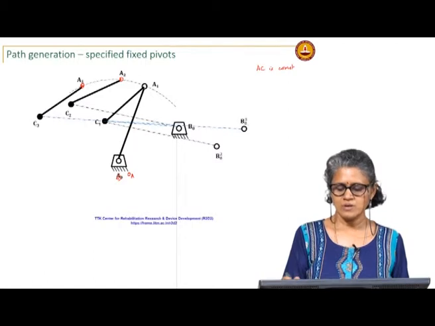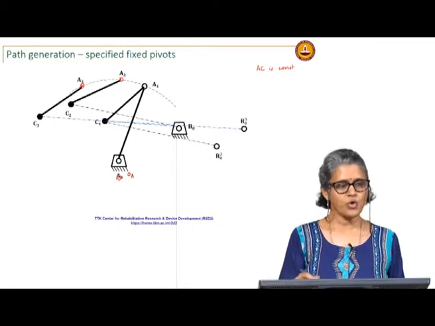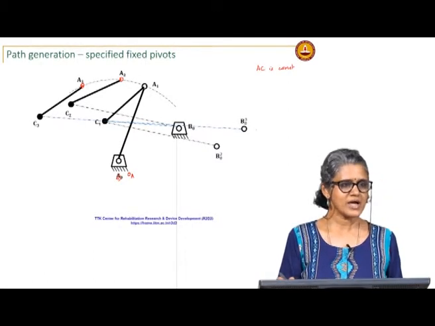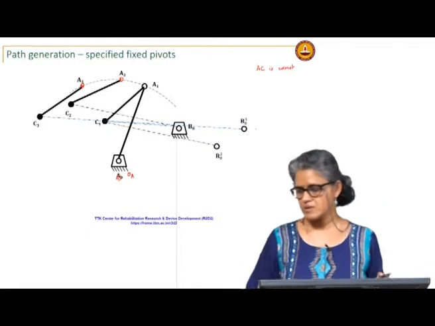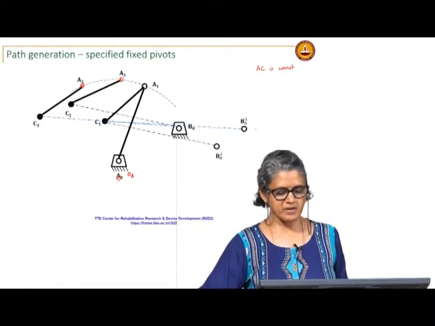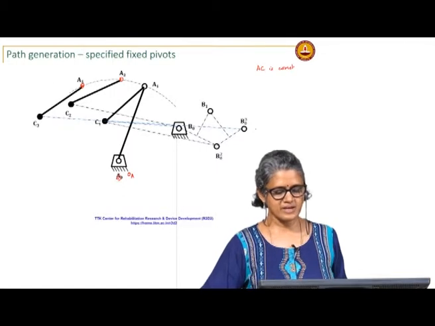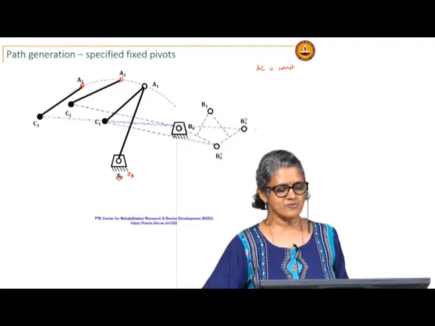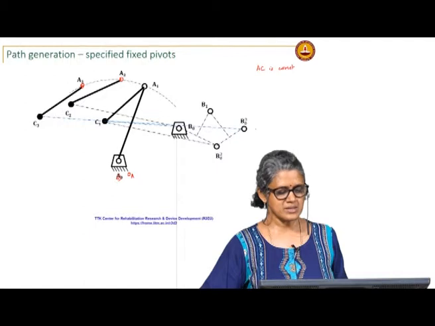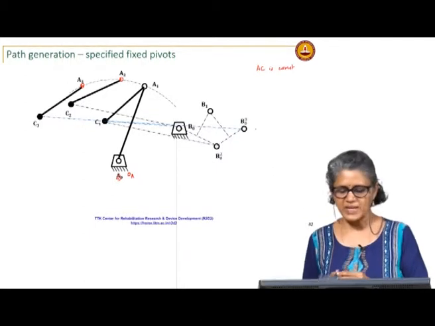So, now these 3 points should lie on a circle, so the usual, draw the perpendicular bisectors, find the center of that and that gives me B1.